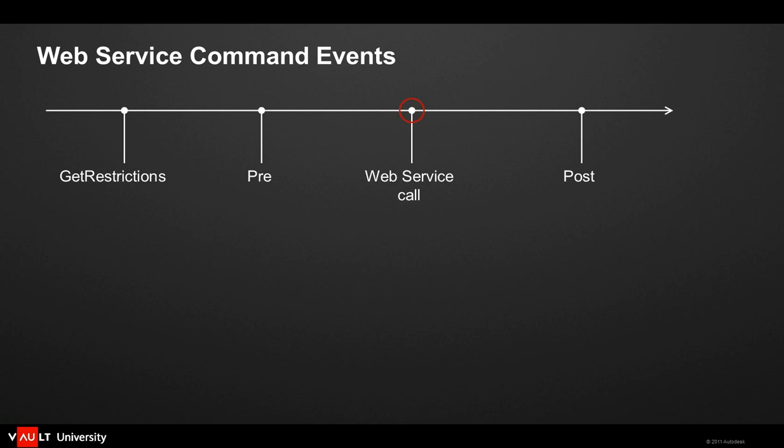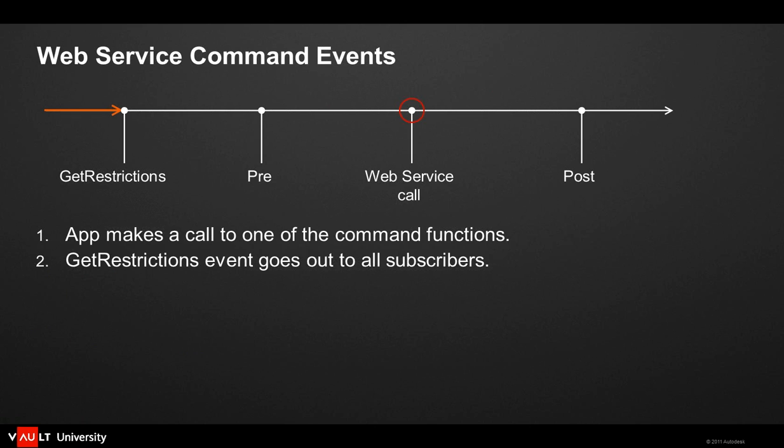Let me show it a bit more just to drive the point home. So the application is going to make some sort of web service call. Maybe it's add file, for example. So they call add file. The framework is going to go through and fire off the get restrictions event to anybody who has subscribed to it, who has said, okay, I want to subscribe to the get restrictions event on add file.